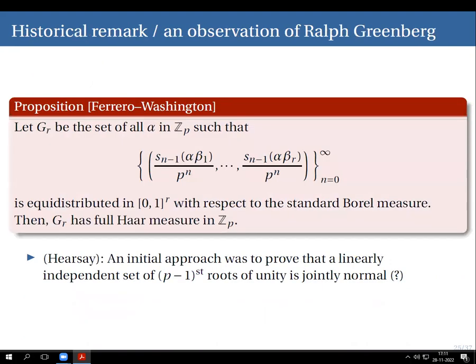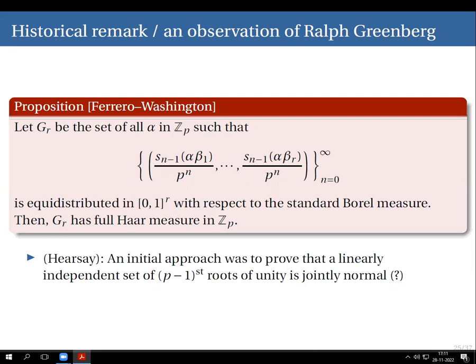So one of the folklore things that I heard from Ralph is this. What they showed was that this tuple in [0,1] to the R is equidistributed. The main result is to show that this tuple is equidistributed, but only after they introduce this parameter alpha: the set of alpha for which this tuple is equidistributed has full Haar measure. But earlier on, you have these p minus first roots of unity.